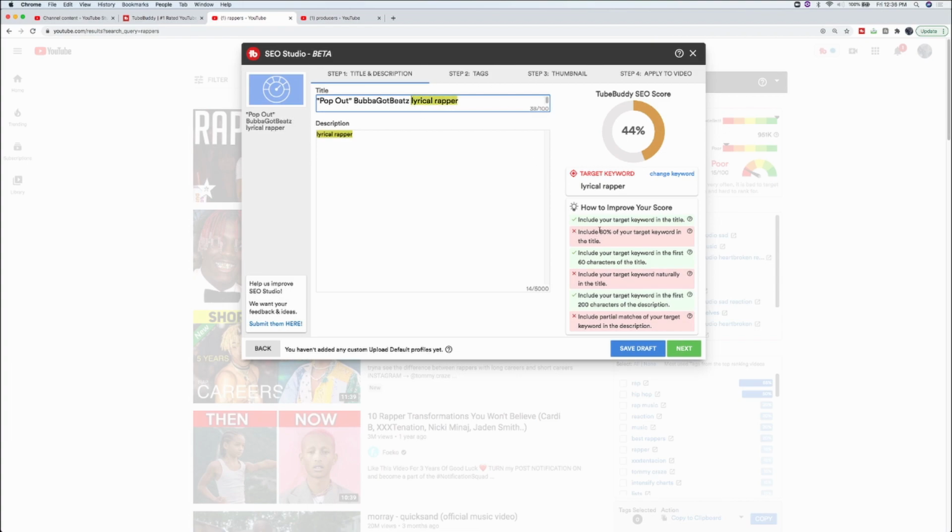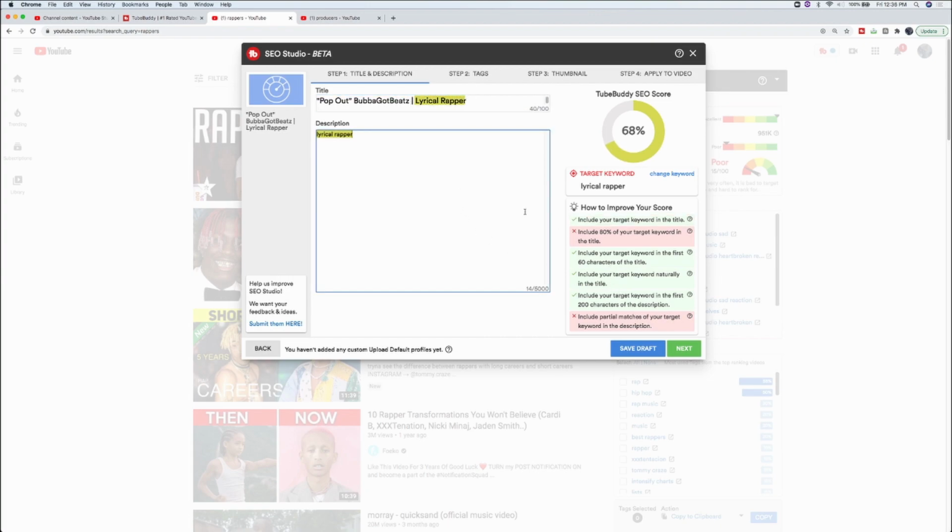And over here, it wants us to include our target keyword in the title, which we have done. It wants us to include 80%, which we have done. And it wants it in the first 200 characters, which we have done as well. So I'll go ahead and just uniform it a little bit, since this will be my title. Still want that to look nice. Okay, 80% of your keyword.